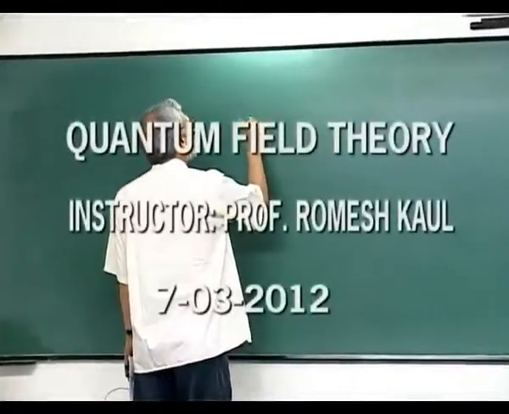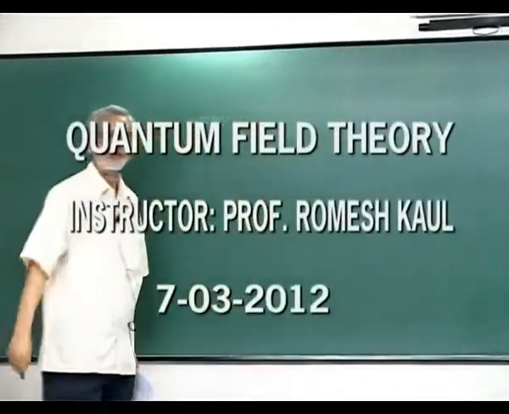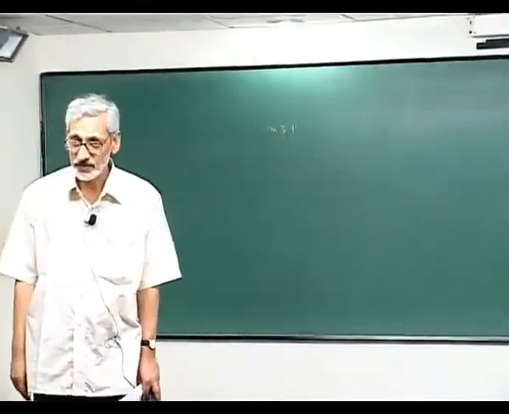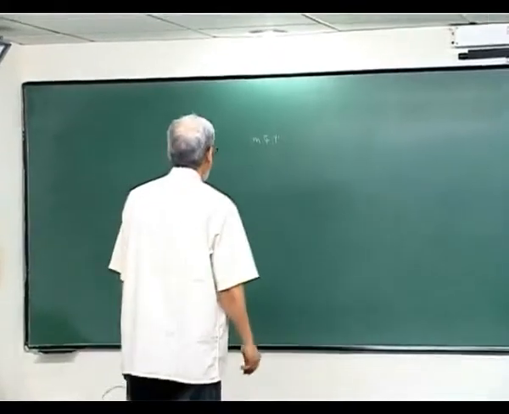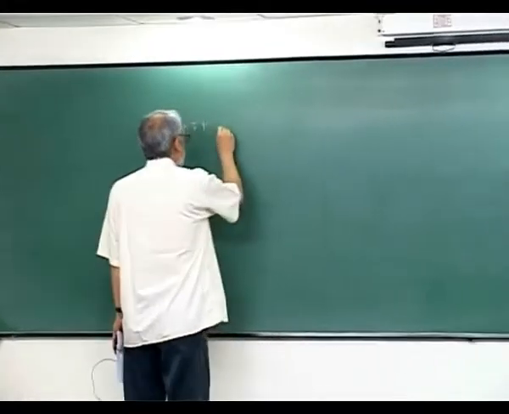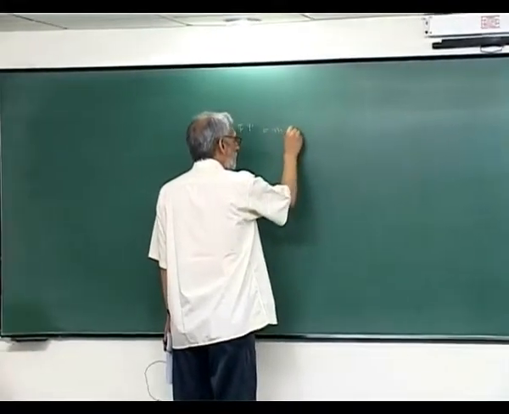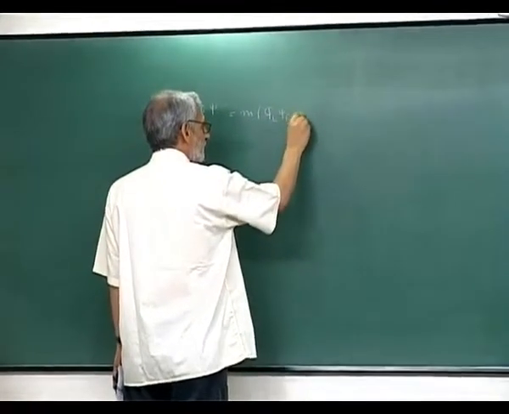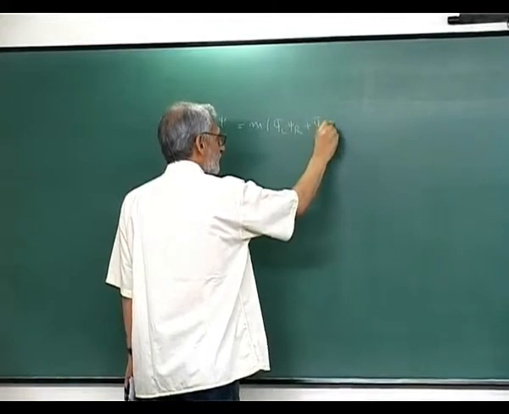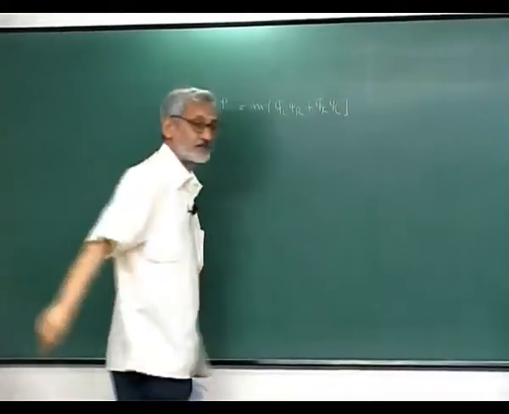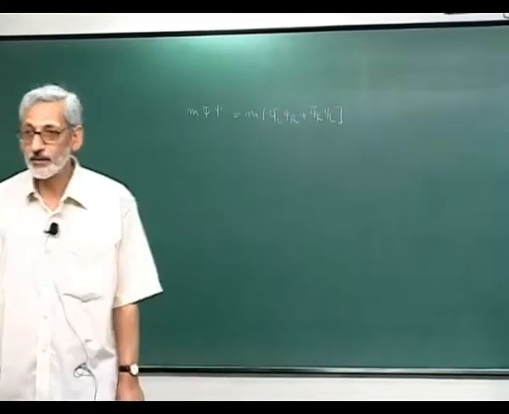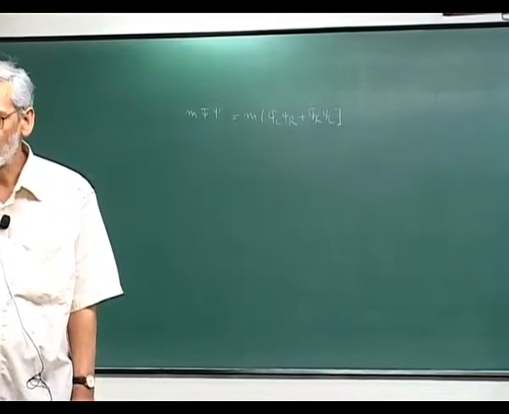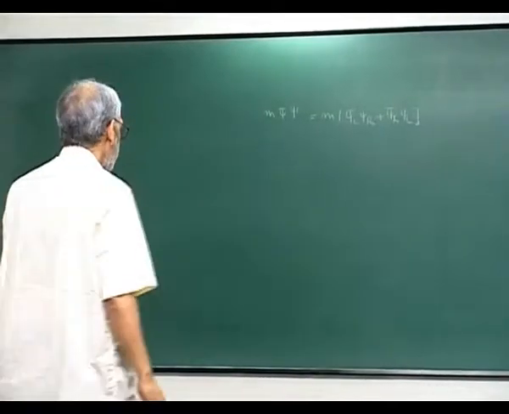The mass term for a Dirac fermion is this. You also know that this can be written as... is that clear to everybody? Okay, this is the mass term.